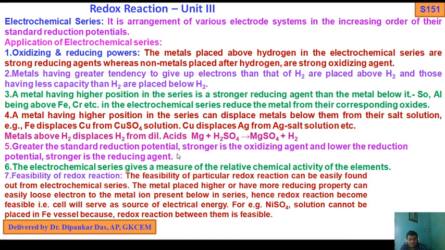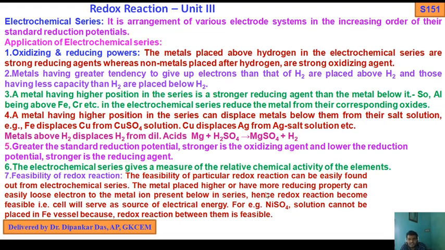The greater the standard reduction potential, the stronger the oxidizing agent, and the lower the reduction potential, the stronger the reducing agent. The electrochemical series gives a measure of the relative chemical activity of the elements. Feasibility of redox reactions: the feasibility of particular redox reactions can be easily found out from the electrochemical series.